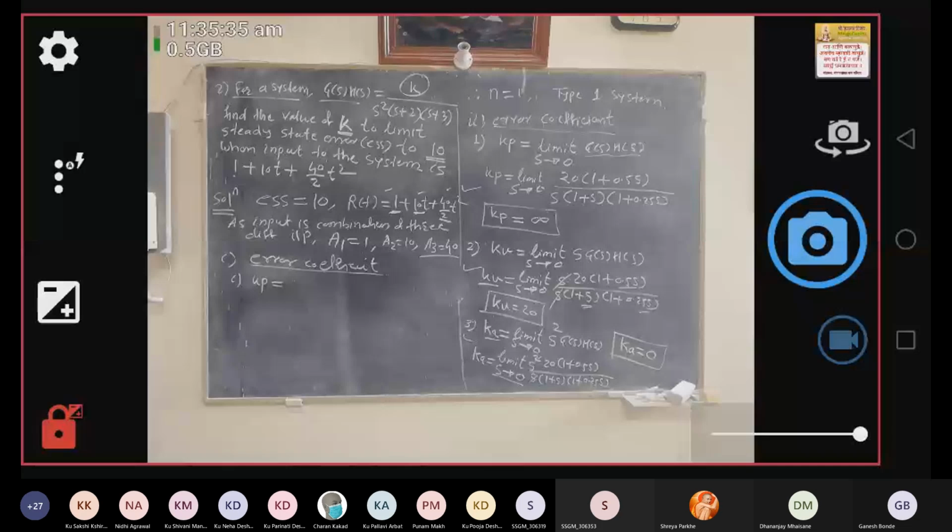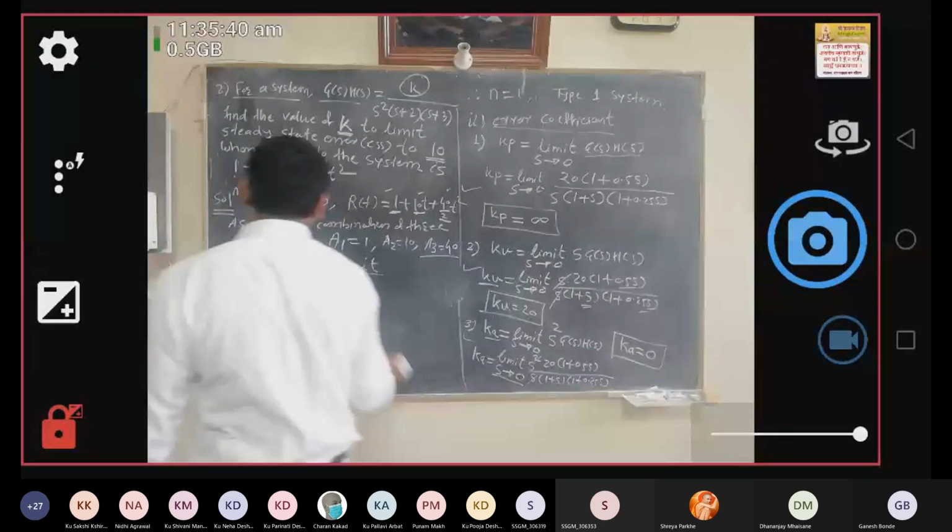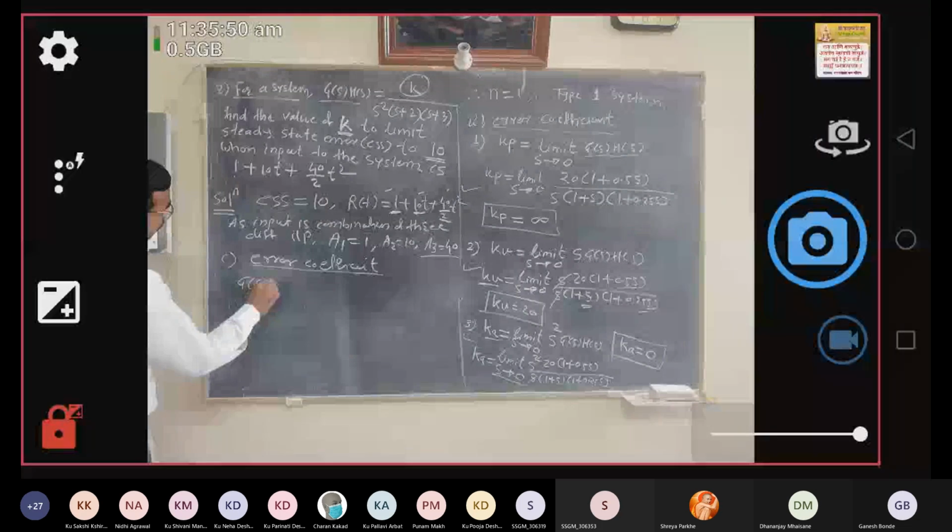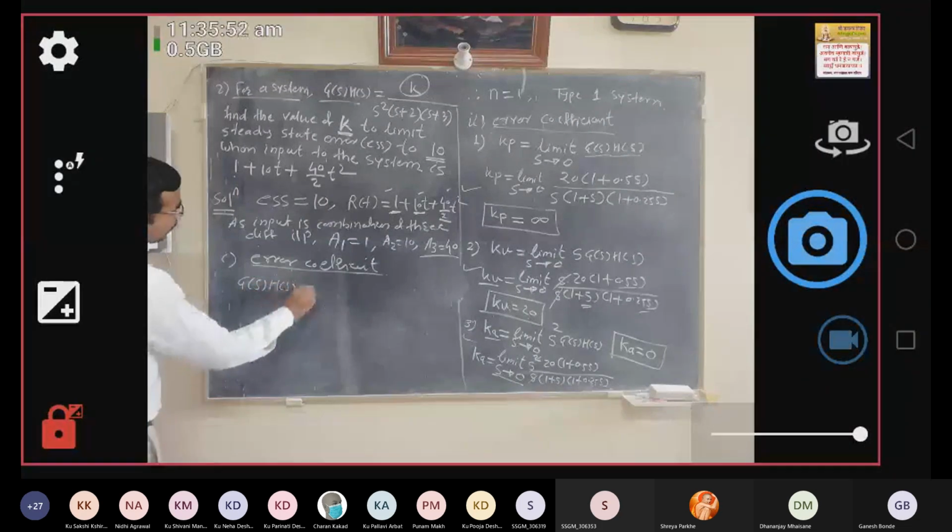So in order to find kp, again you have to convert your transfer function into time constant form. Okay, so first convert your transfer function into standard time constant form.